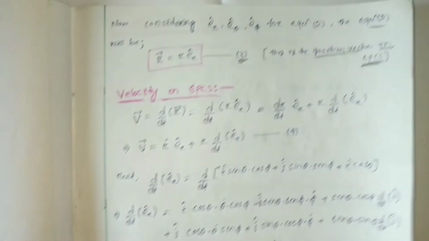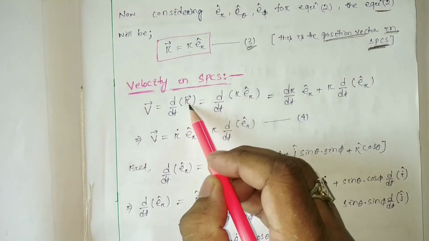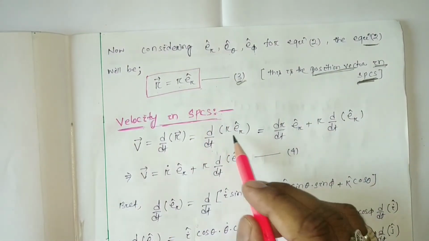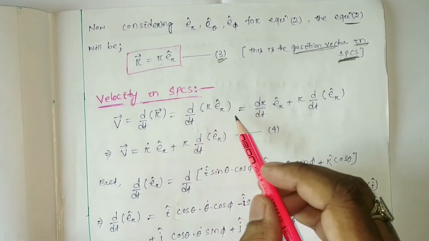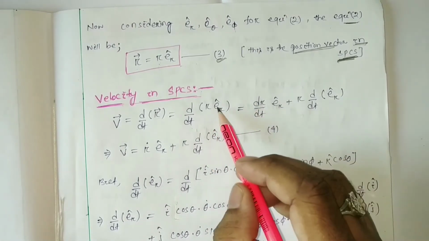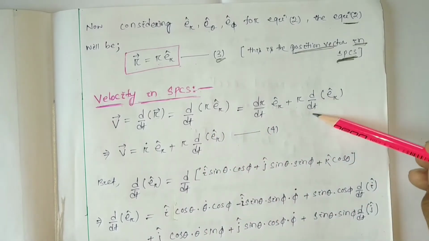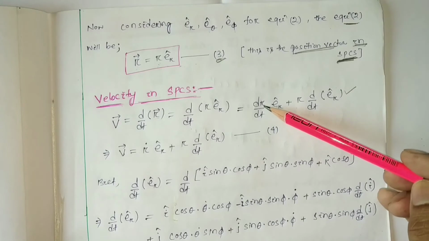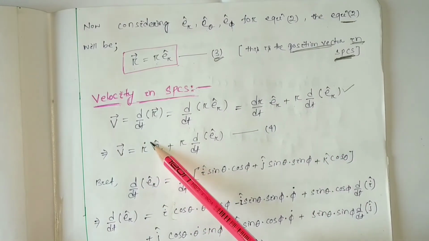Got it? Okay, so velocity, we know, is the rate of change of position vector, which is d by dt of r e r cap. So consider the product formula: d by dt of r into e r cap plus r into d by dt of e r cap. As we know, d by dt of r is written as r dot.